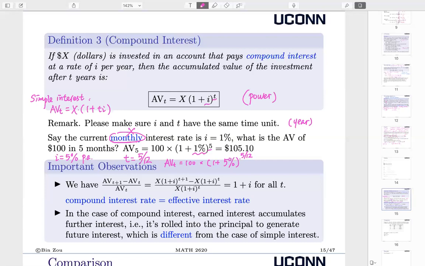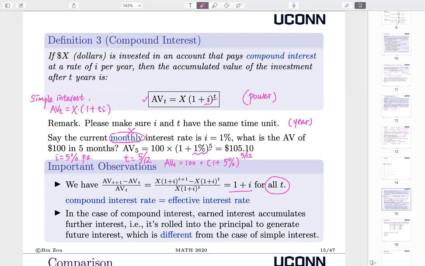Two important observations. First, apply this formula to AV(T+1) over AV(T). You can think of T as the number of years, so from T to T plus 1, you move forward by 1 year. You get this to be 1 plus I, and it is independent of T. This is true for all T, which means if you apply compound interest, the final interest you will be getting is this.